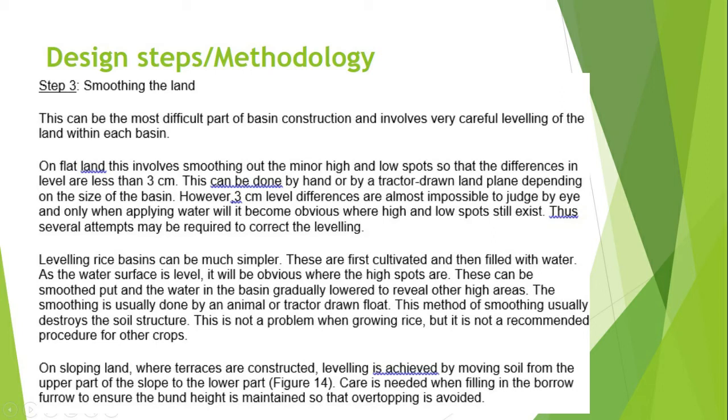However, 3 cm level differences are almost impossible to judge by eye, and only when applying water will it become obvious where high and low spots still exist. Thus, several attempts may be required to correct the leveling.